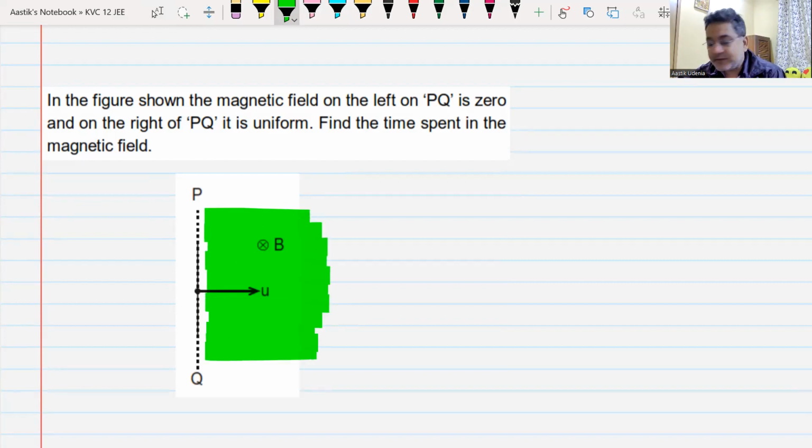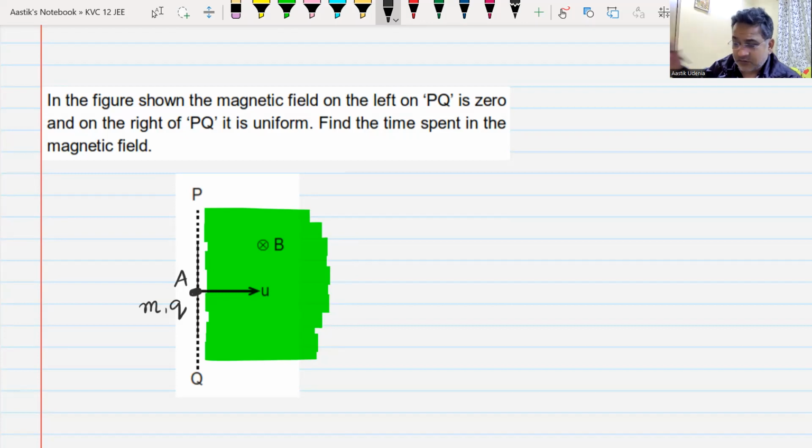Find the time spent by the particle in the magnetic field. If I elaborate further, there is a particle which enters this magnetic field at the point A. Mass is m and charge is q. How much time does it spend inside the magnetic field?